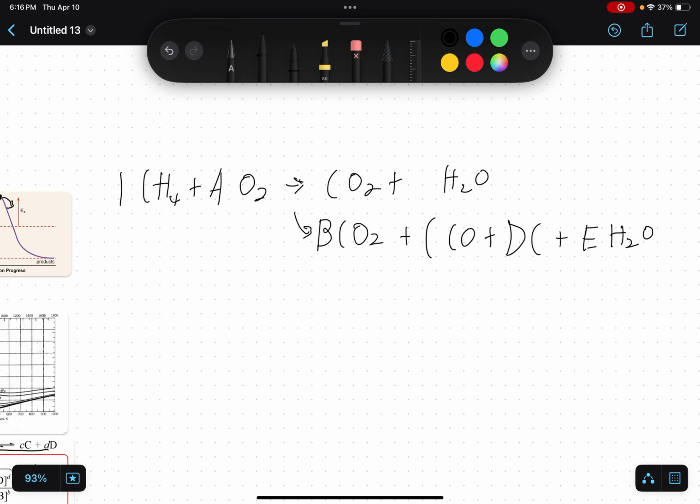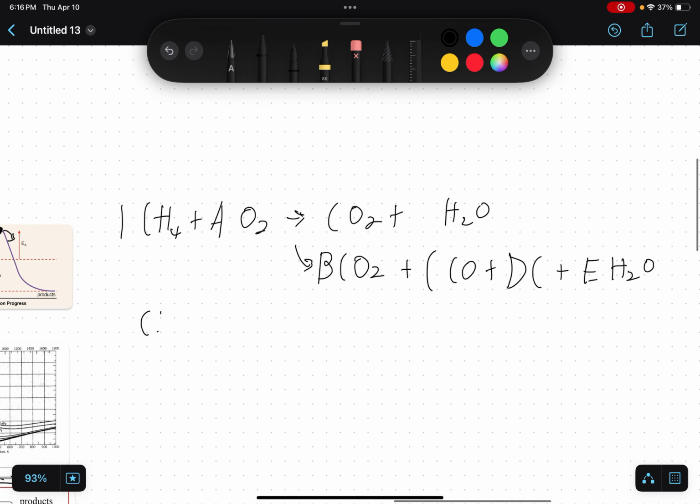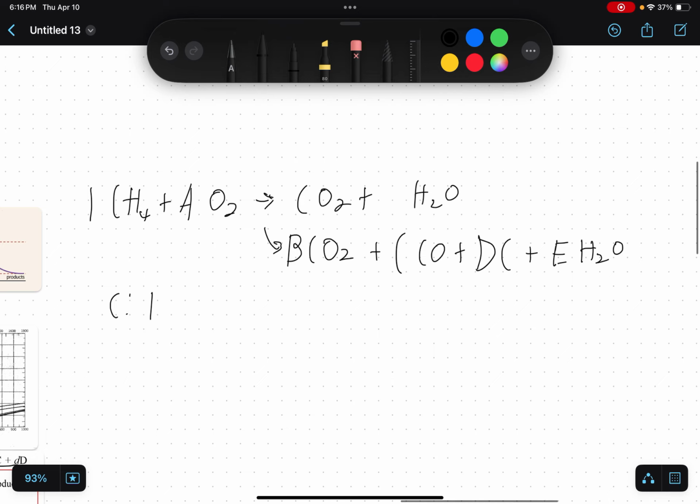So let's balance the C's. We have one C on the left, and it goes to 1B plus 1C plus 1D. So 1 equals B plus C plus D.